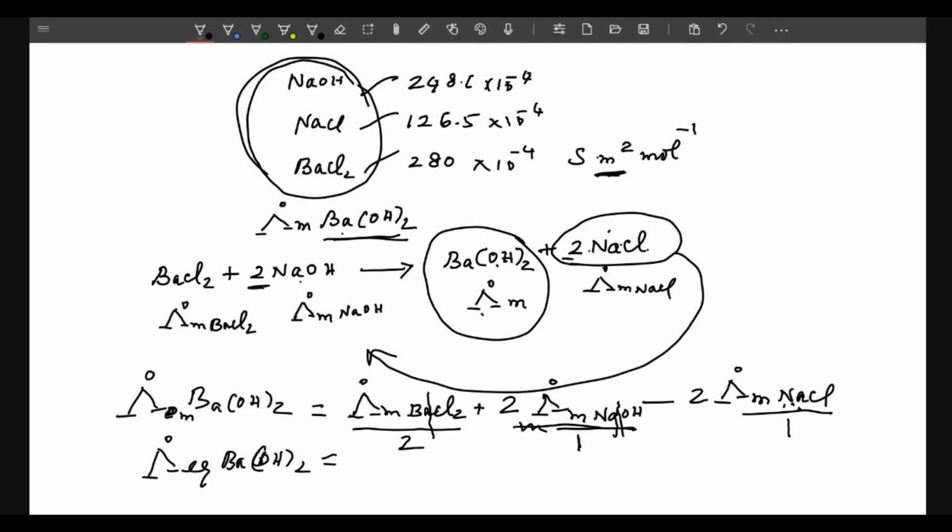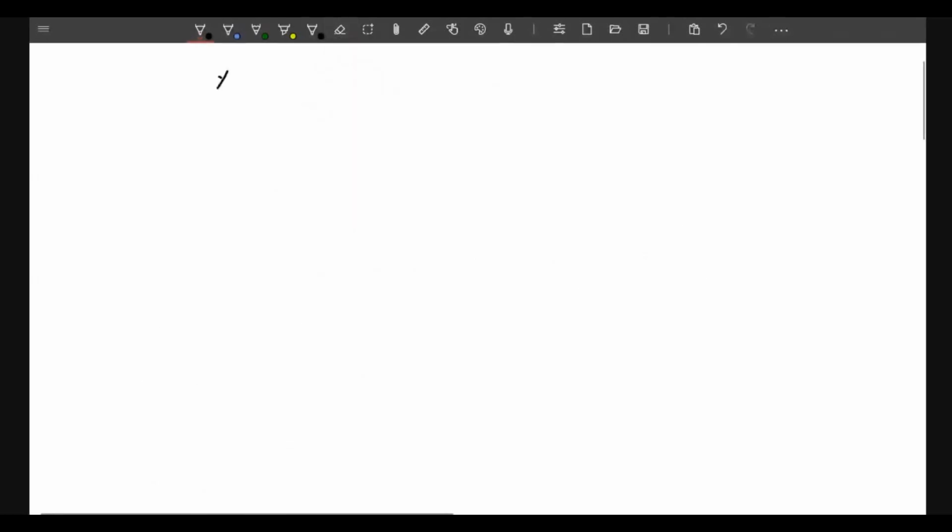Calculate lambda naught equivalent for the CX molecule.